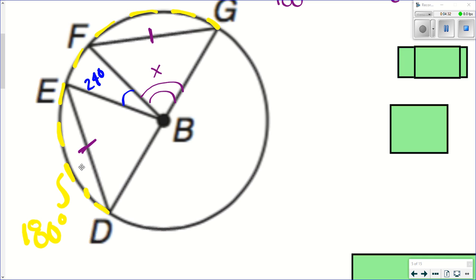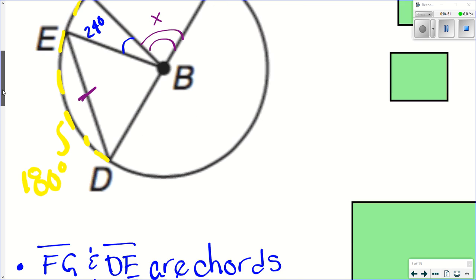And remember about central angles? EBD and FBG are central angles. And the relationship between central angles and their arc measure is that they're equal to each other. So whatever the arc measure for FG and ED, angle FBG and DBE will also be the same.